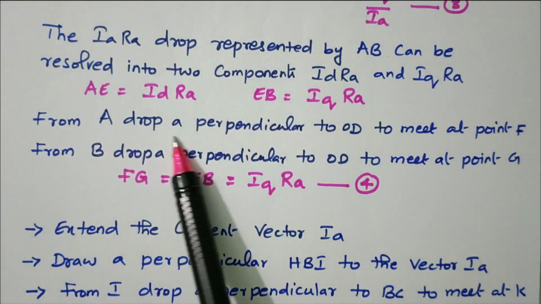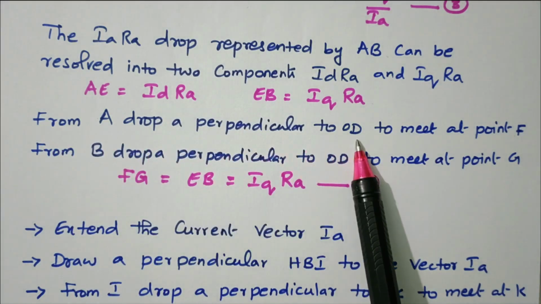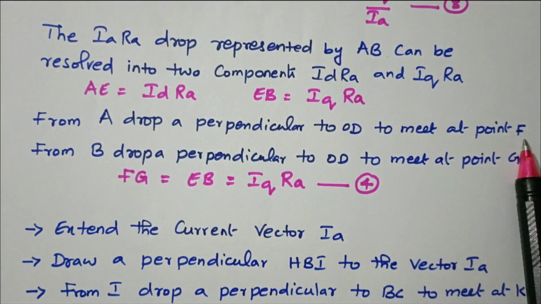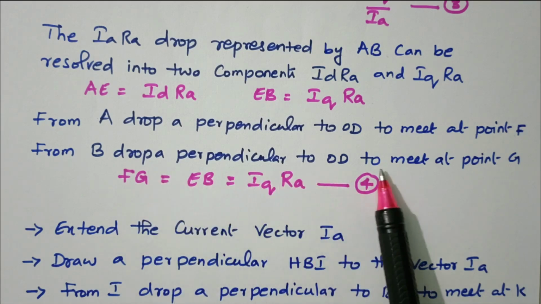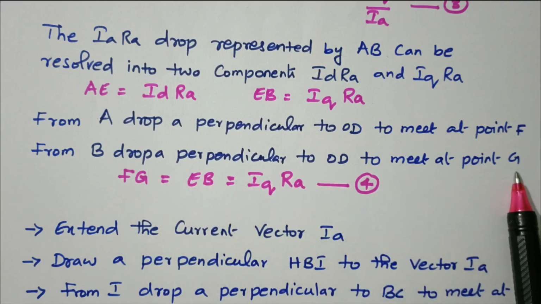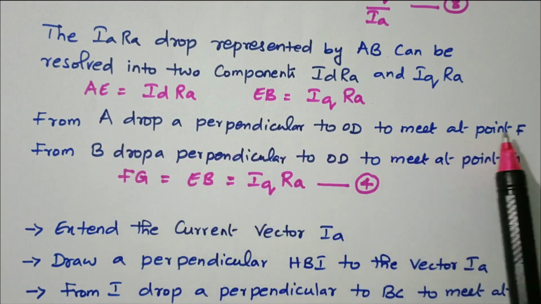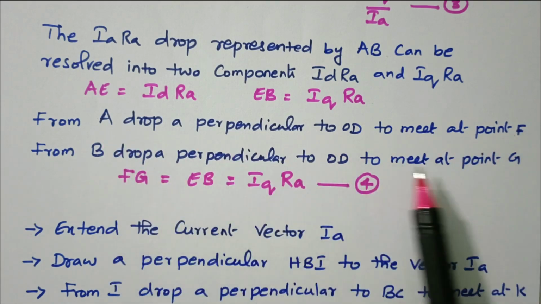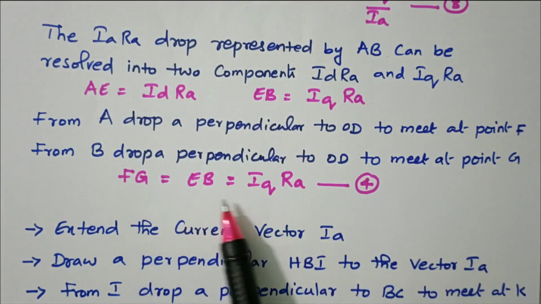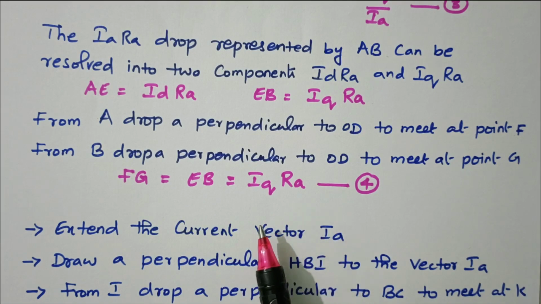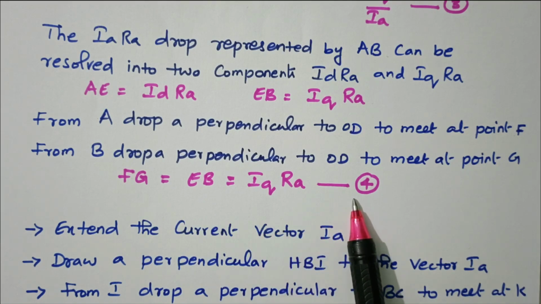From A, drop a perpendicular to OD to meet at point F. From B, drop a perpendicular to OD to meet at point G. So FG equals EB equals IQ RA. This is equation number 4.